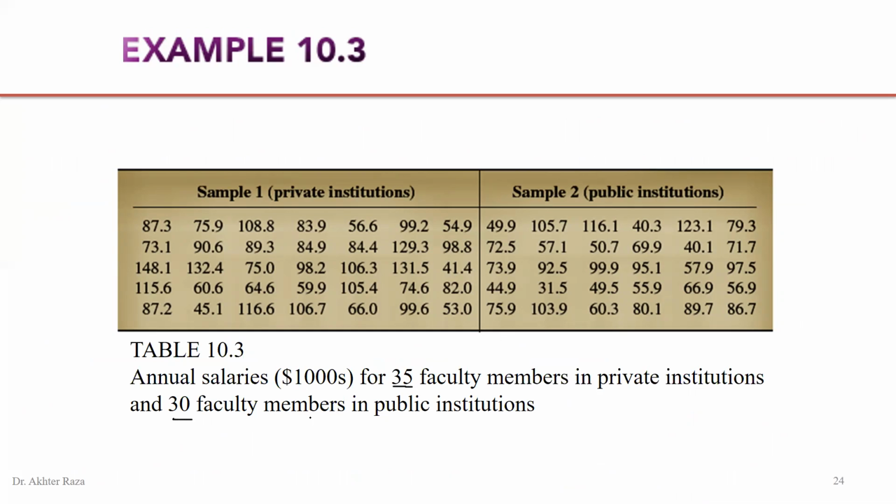The sample sizes are large, so there is no need to check the normality. Even so, we check for outliers, so we construct the normal probability plot for sample 1 as well as for sample 2, or the box plot for sample 1 and sample 2, for checking the outliers and normality.